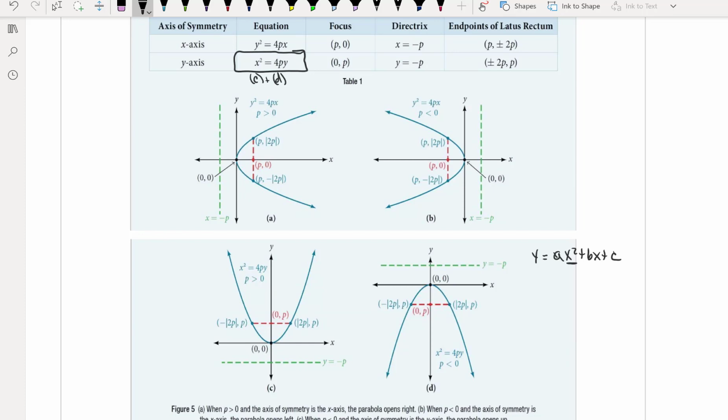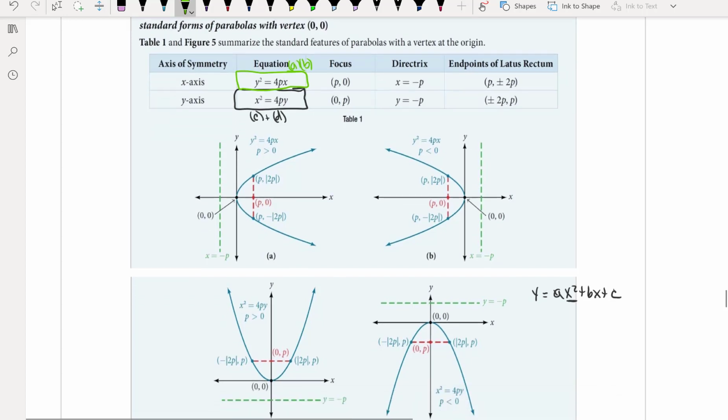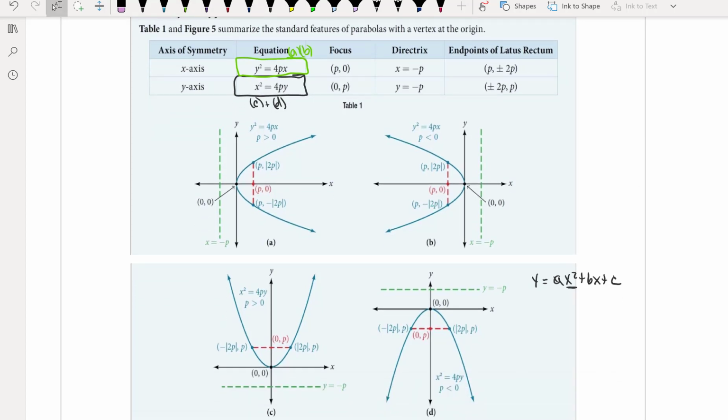Okay? Versus if I have opening to the left or opening to the right, that's going to be this equation. So that equation is going to be graph A and B. Okay? So depending on whether you have a y squared or an x squared, just notice where that squared is connected to.